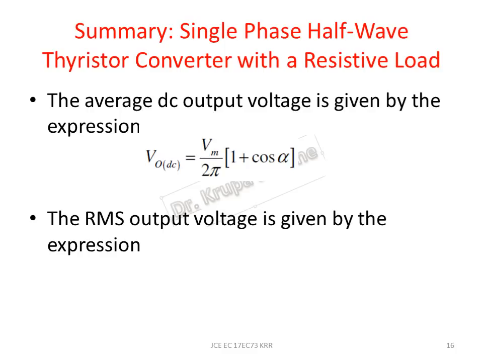Similarly, we also calculated the RMS output voltage, and we got the RMS output voltage as Vm by 2, 1 by pi, pi minus alpha plus sine 2 alpha by 2, under the root sign. So this is the RMS output voltage that we have seen.